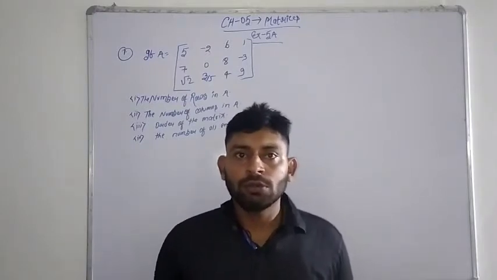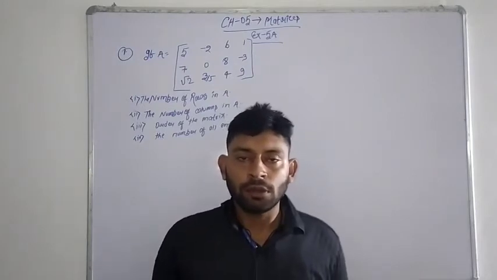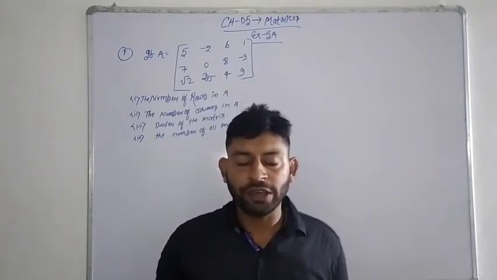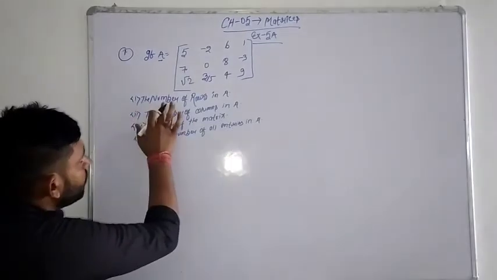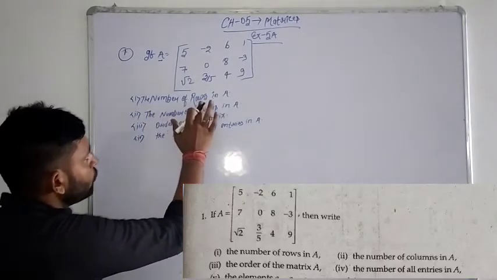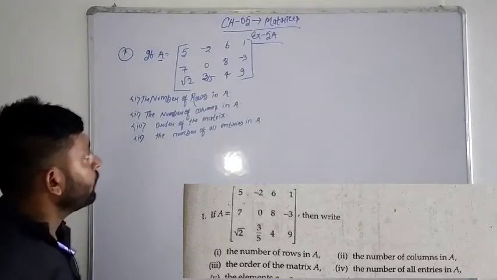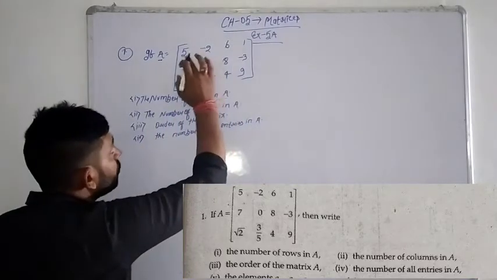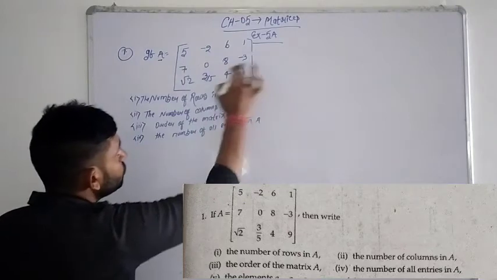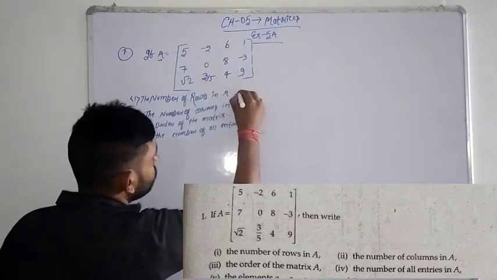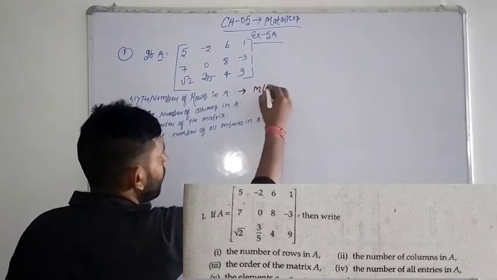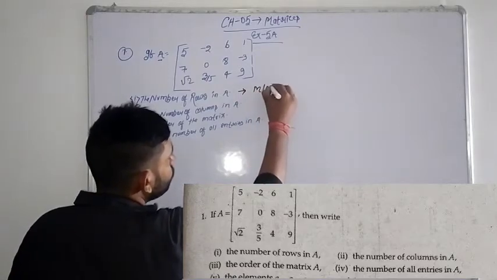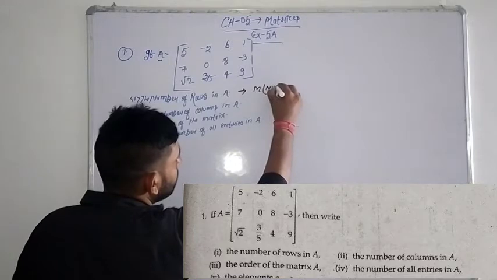In this video, we are discussing exercise 5A. So let's start. The number of rows in A, that means number of rows 1, 2 and 3. So number of rows m, because m is called number of rows and it is denoted by m.